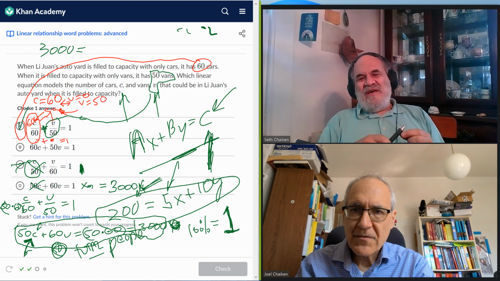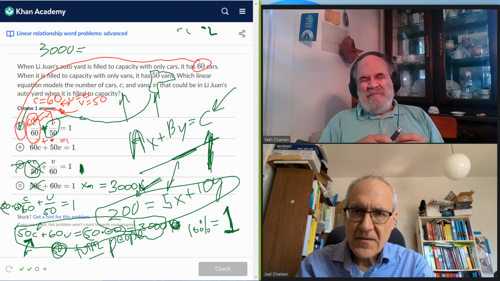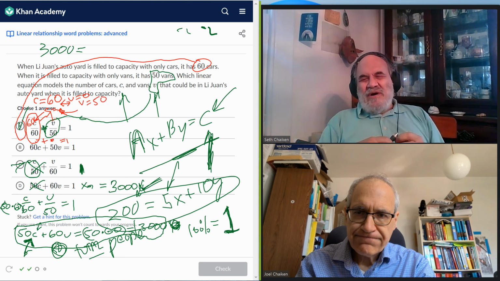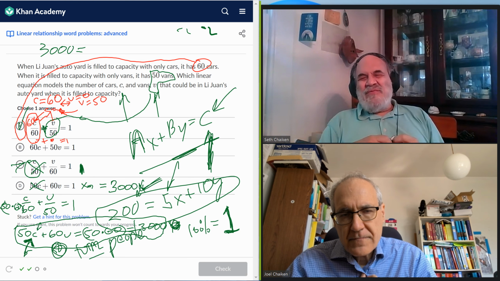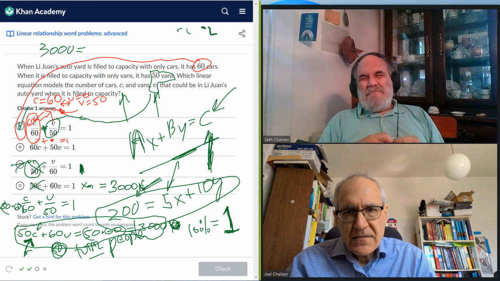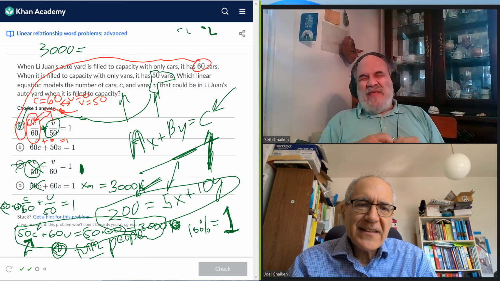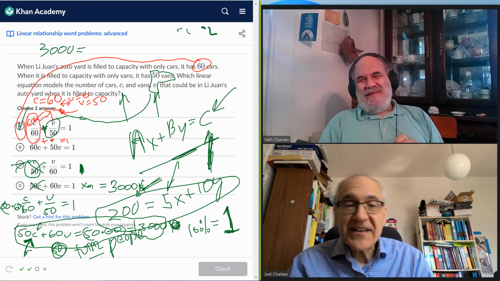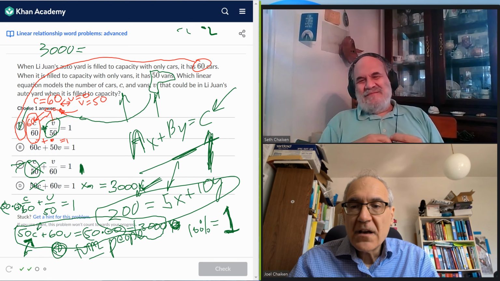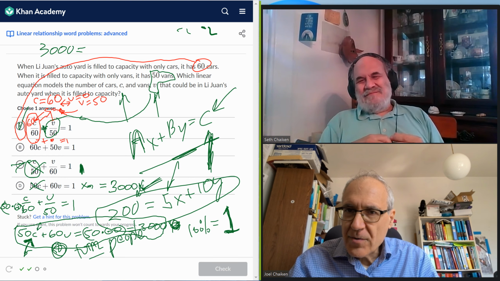But here the units are not like people, like size per unit of capacity. You're not talking about packing the lot with elevators that can handle 3 cars and elevators that can handle 5 cars. So this is one of the harder questions we hit.